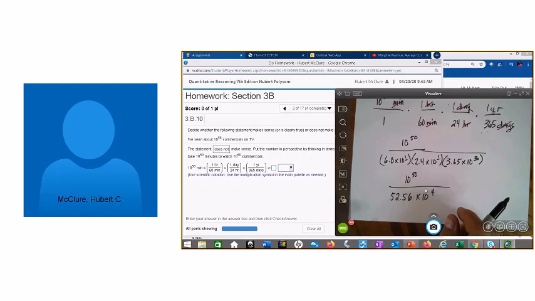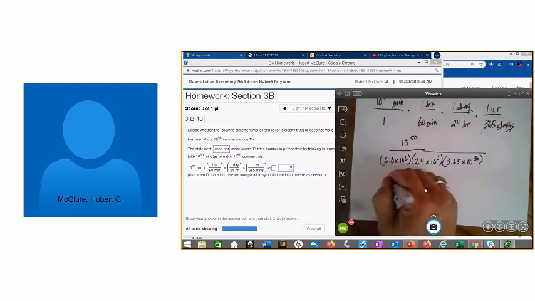Now, what does 10 to the 50th power mean? Take your calculator and type 10, x to the y, 50.